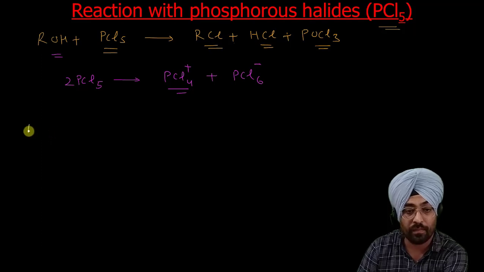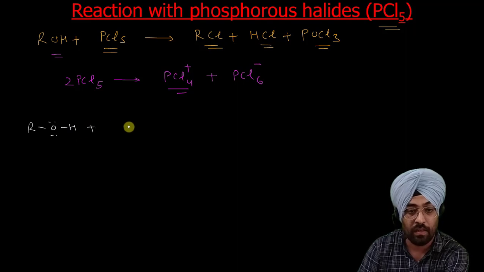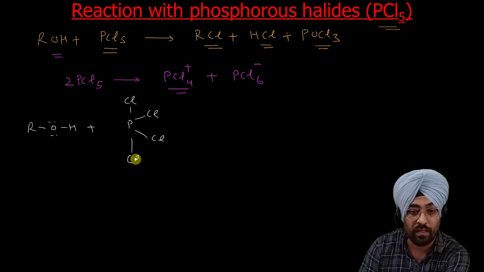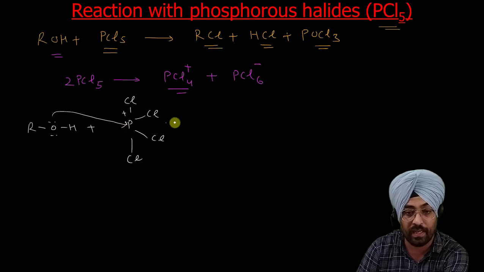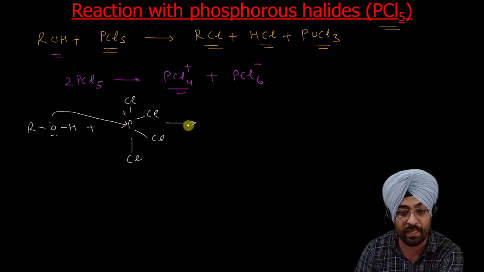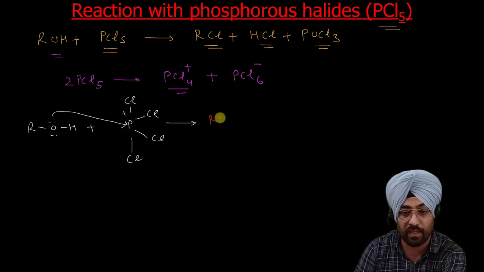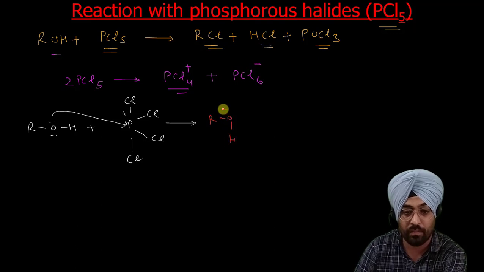ROH plus PCl4 positive. This alcohol will attack here, so what you will get is ROH positive PCl4.